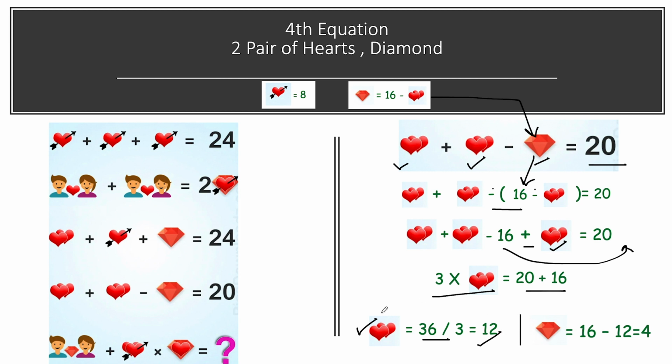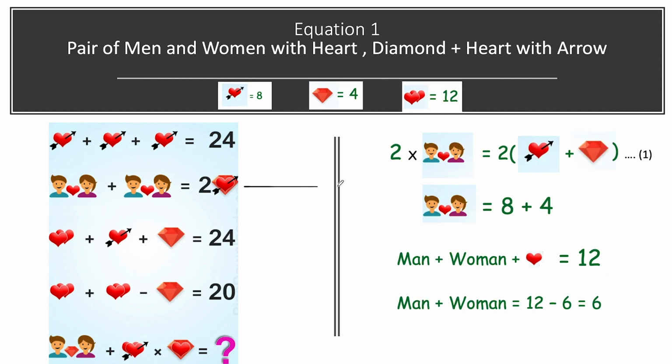Now keeping this value in the first equation, we'll get 16 minus 2 hearts, and 2 hearts value is 12, so it will become 16 minus 12, and one diamond value will become 4. Now jumping to our second equation, we'll solve it. Here we have the value of heart and we have the value of heart with arrow and a diamond.